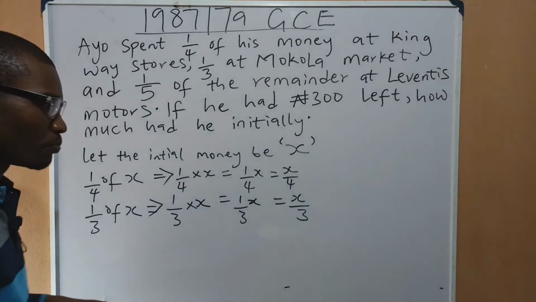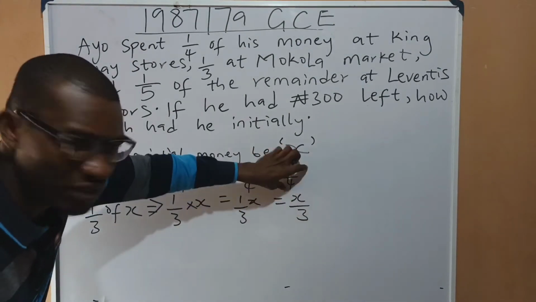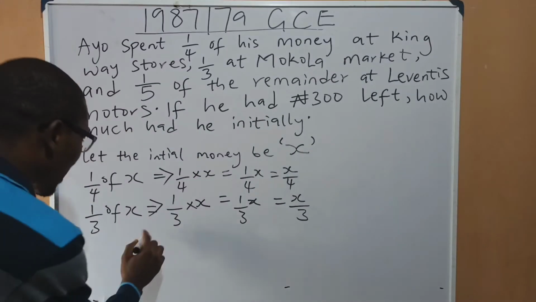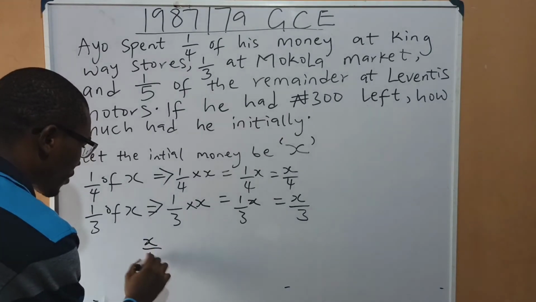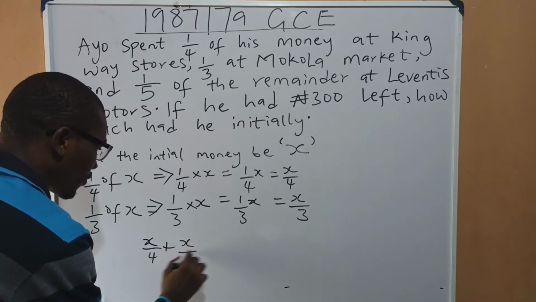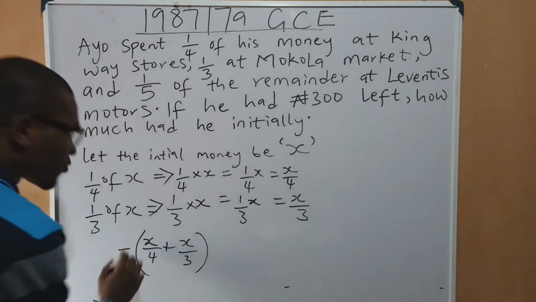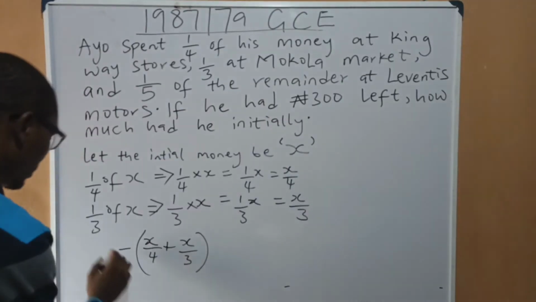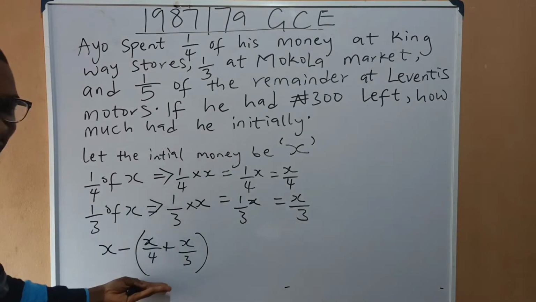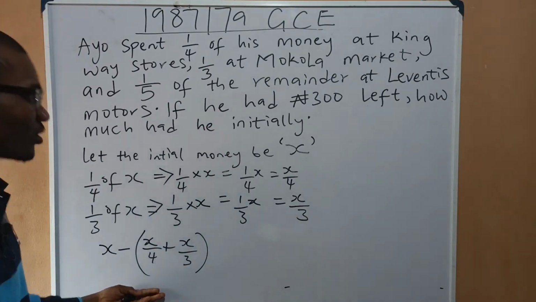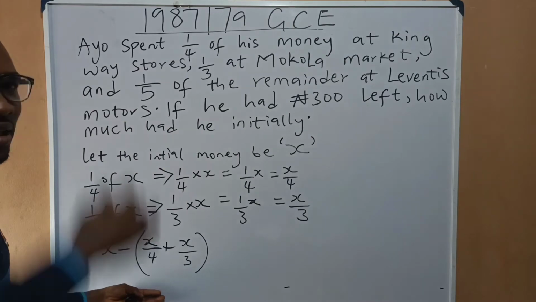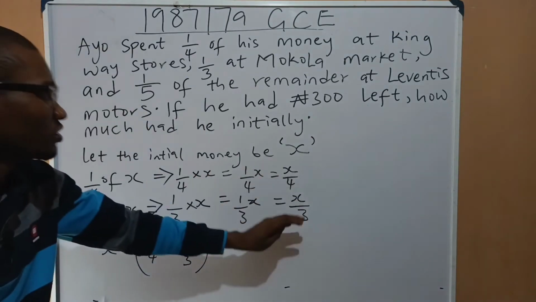Adding the two first expenses together, I have x/4 plus x/3. Then I subtract it from the initial amount, which is x. So this is basically the remaining part of the money after the first two expenses.